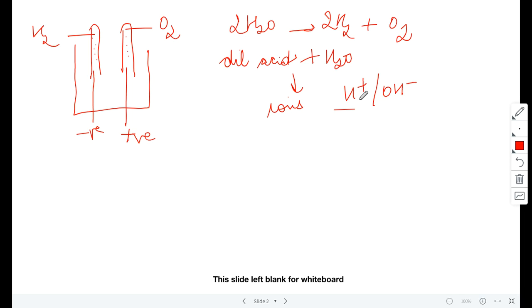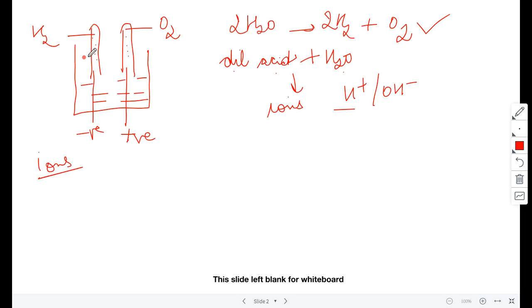I'll explain. I'm talking about the decomposition of water. This is the reaction, decomposition, but can you see anywhere ions? No. So when you add dilute acid to the water before electrolysis, these ions are formed. Whenever you carry out electrolysis, you require ions, right?